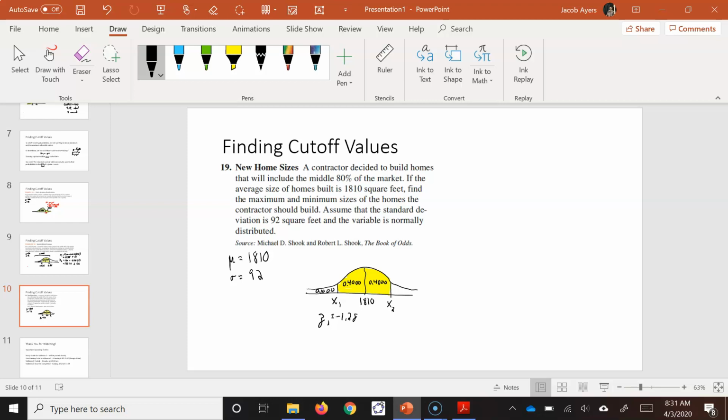And I would bet that x2 is going to be a positive 1.28. Let's just check out how we find that out, though. So we got 40% in this area, 40% in this area. That's a total of 80%, plus the 10% in the tail. That is 90%. So we're looking at 0.9000.